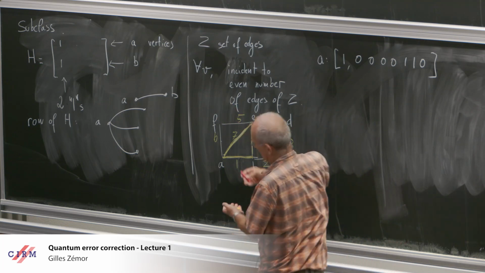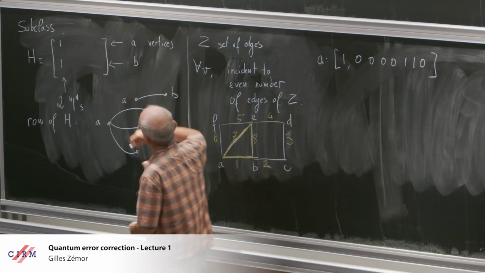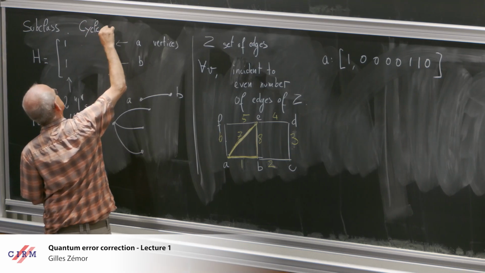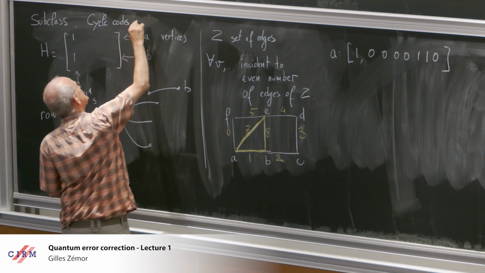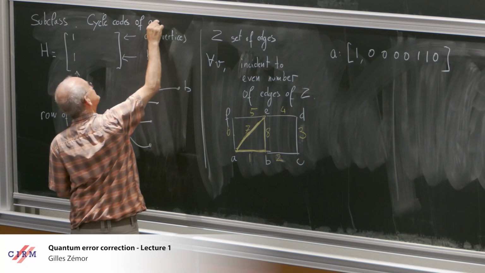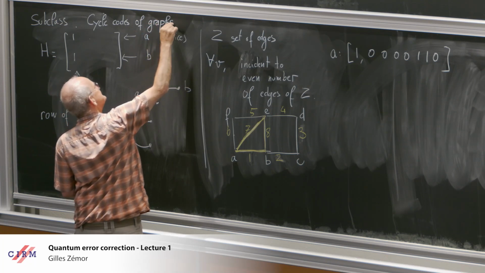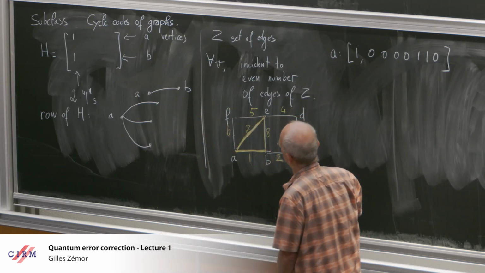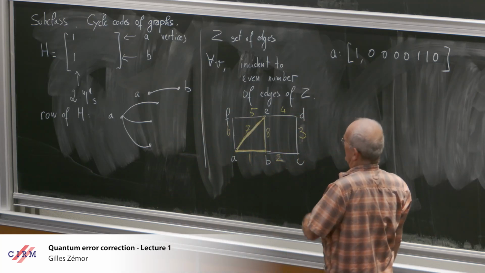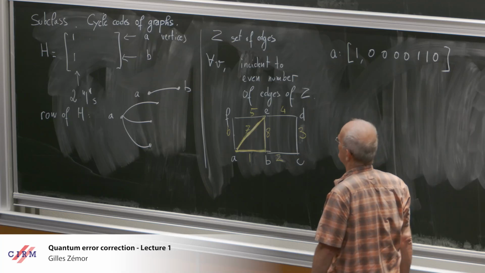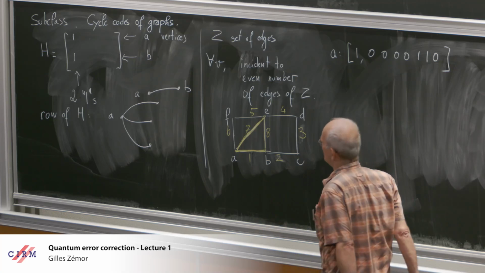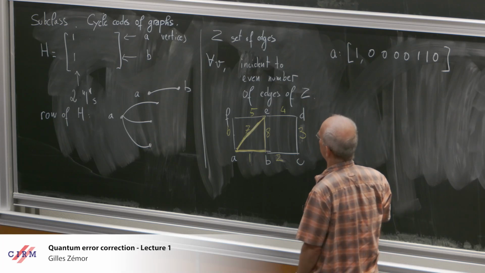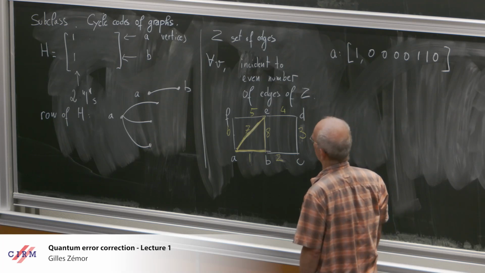So this family of codes, this subclass, is the class of cycle codes of graphs. So to get such a code, you choose your favorite graph, and all cycles in your graph will give you code words.